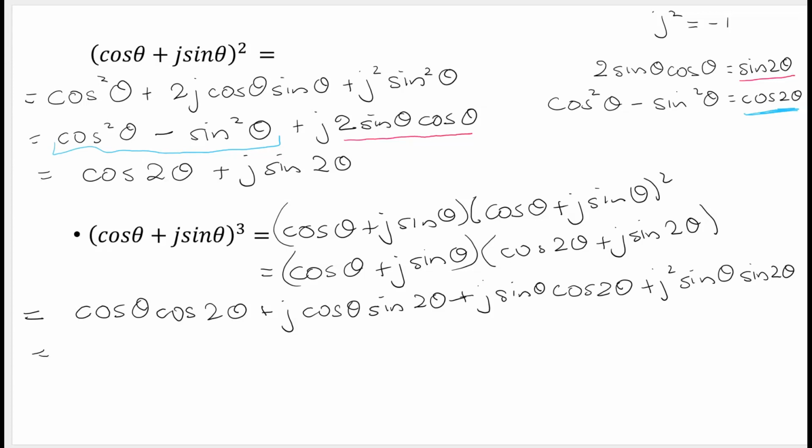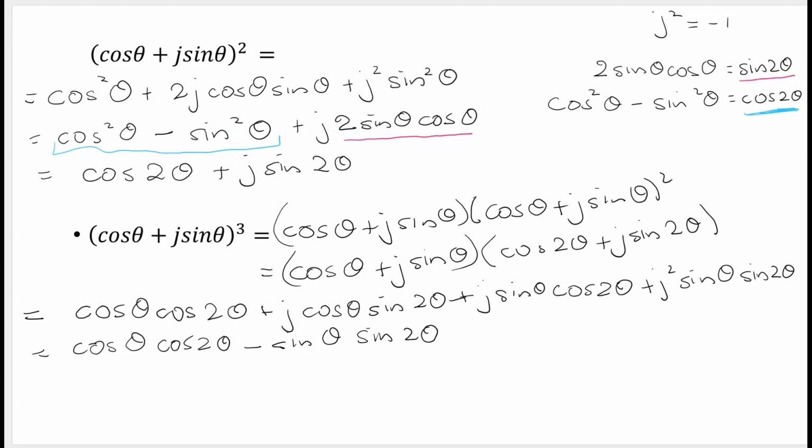Okay, so the first term is cos theta cos 2 theta. And then, bearing in mind that j squared is -1, I'm going to put that minus sine theta sine 2 theta.